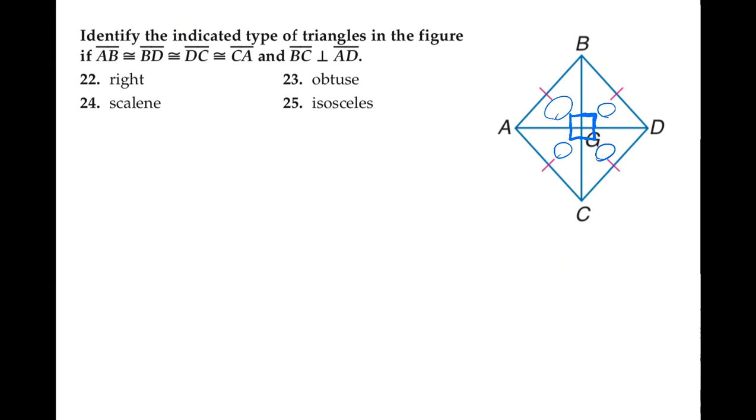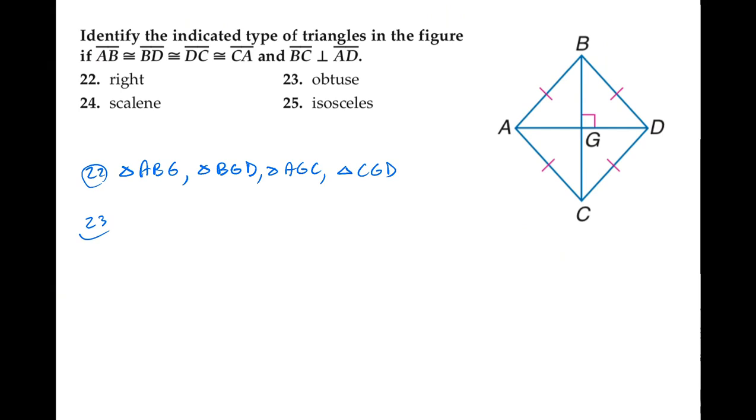So anytime we have perpendicular lines, it forms 4 right angles. So for 22, we have ABG, BGD, we have triangle AGC, and we have triangle GCD.